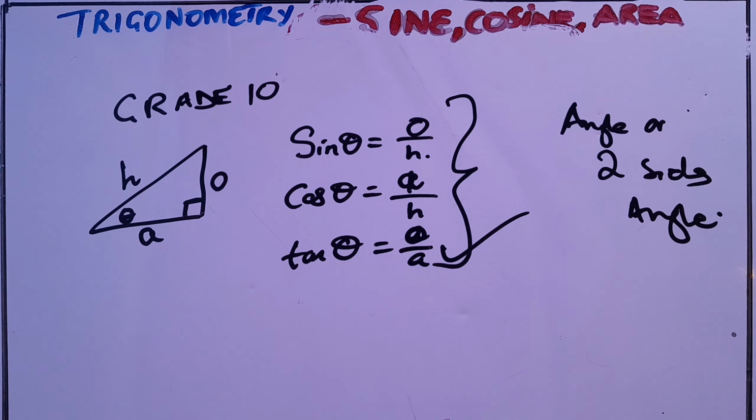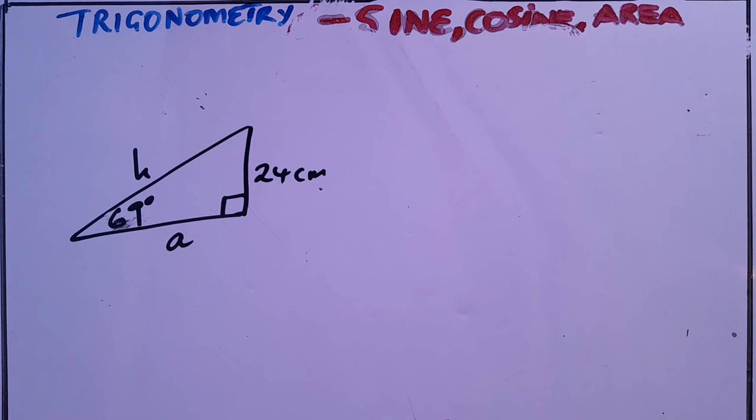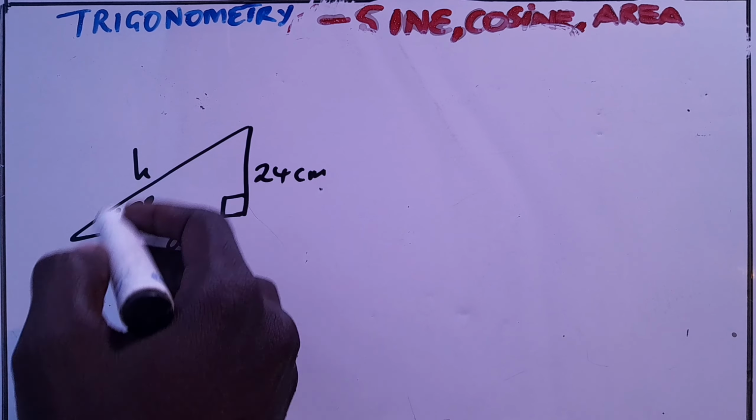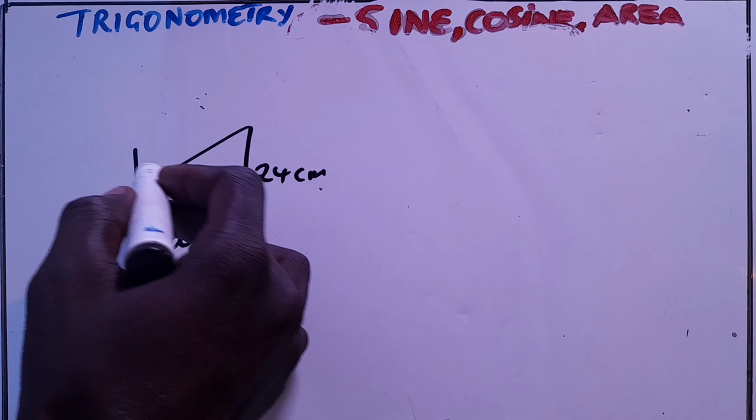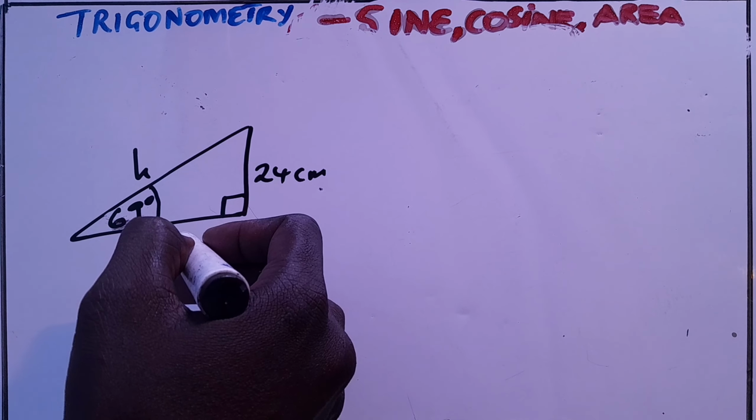So let's find an example that we can tackle before we go deeper into this. If we have a situation like this, and they say we must find the value of h and the value of a. According to this diagram, this is our angle, this is our opposite, our hypotenuse, and our adjacent.